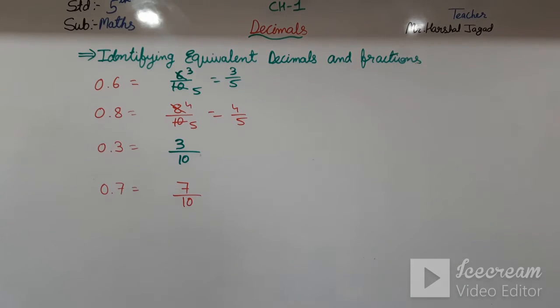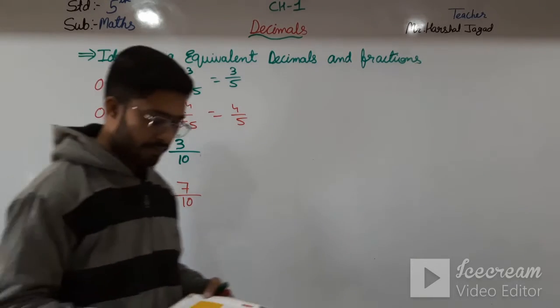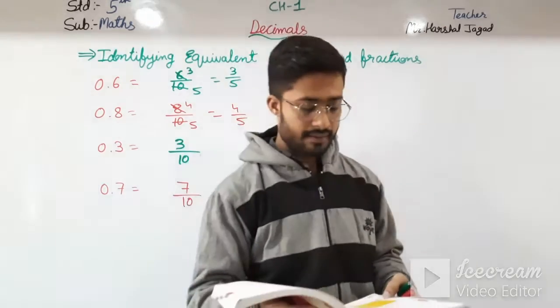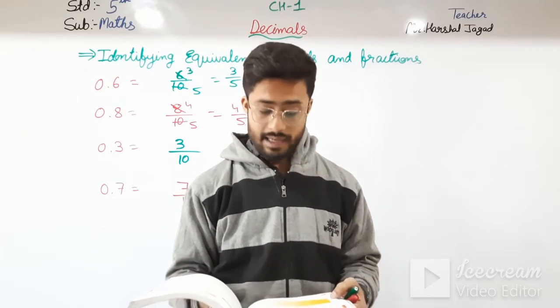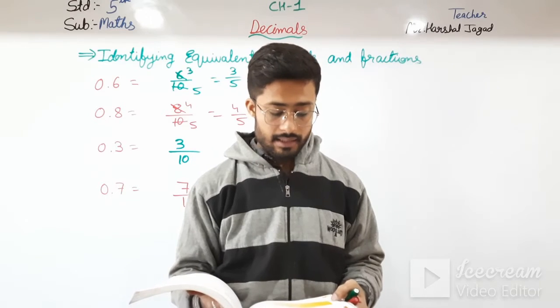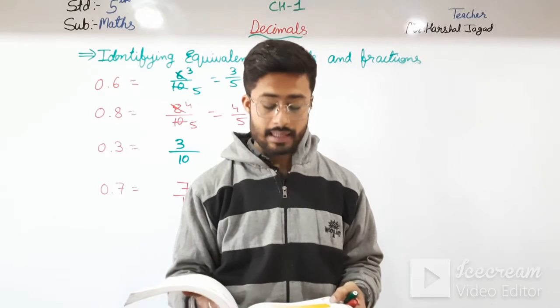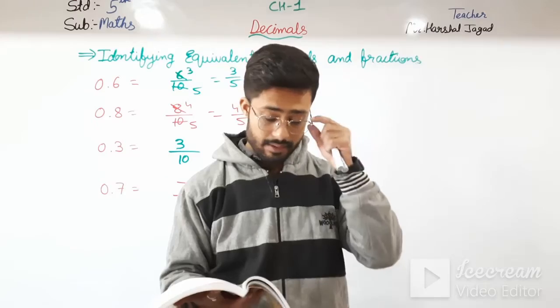And now you can see decimals in metric measures. Decimals in metric measures means 10 meters is equal to 1 decameter, that is deca means 10 times. Then 100 meters is equal to 1 hectometer, that is hecta means 100 times.